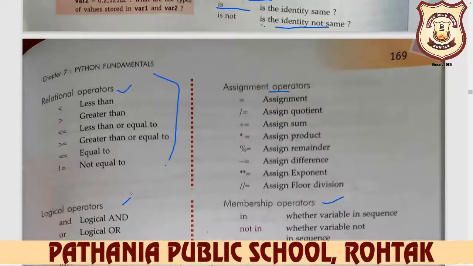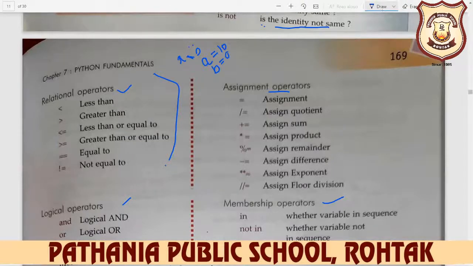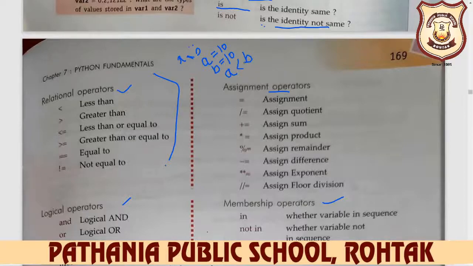Relational operator. Relational means to display the relationship between one and two operands. For example, when we write A less than B, listen everyone carefully. When we write A is equal to 10 and B is equal to 10, and I write here A less than B, so my answer is no, A is not less than B. So my answer is false.